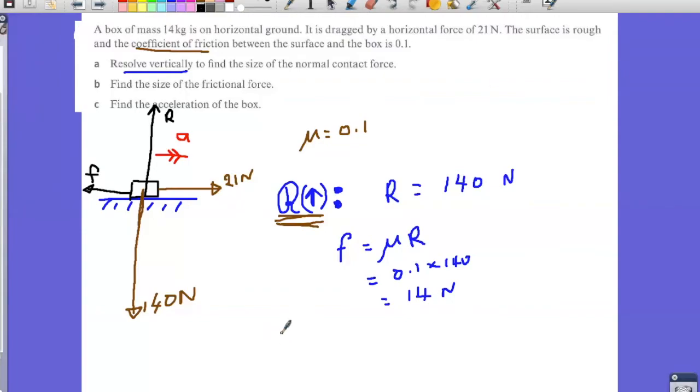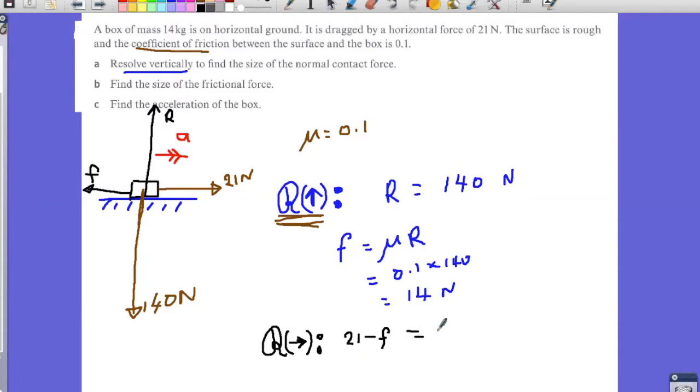So now, again, you have to resolve horizontally. Apply Newton's second law horizontally. Newton's second law says that the resultant force is equal to mass times acceleration. So it is 21 minus F. 21 minus F is the resultant force.